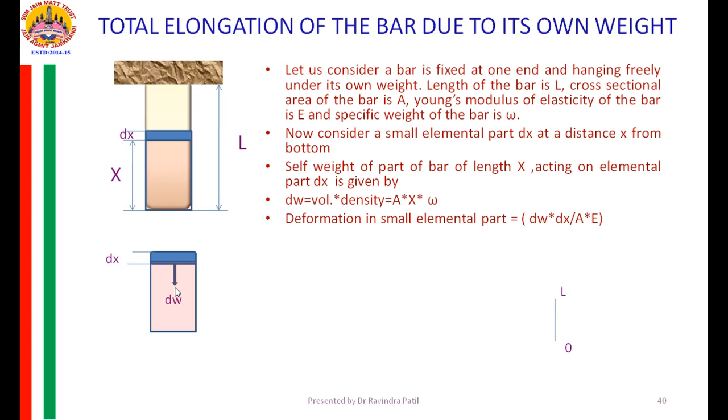Deformation in small elemental part is given by dW into dx divided by A into E. The general expression for deformation of the part is P into L divided by A into E, that is equal to dW into dx divided by A into E. Your confusion may be why we are not considering the whole part in a single stretch.